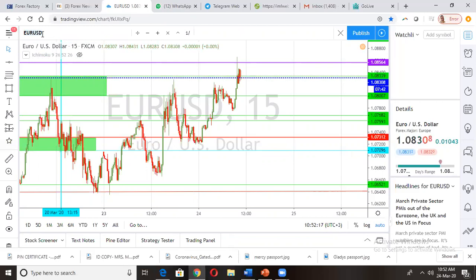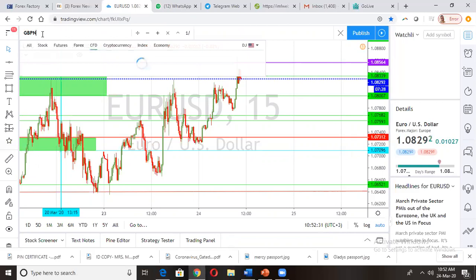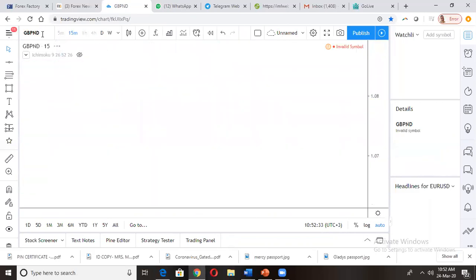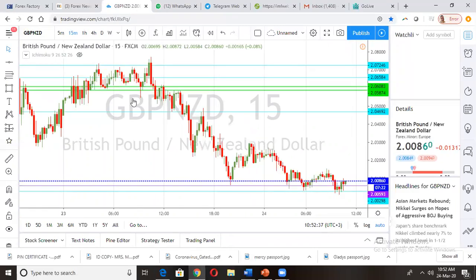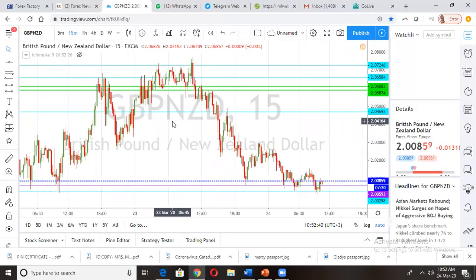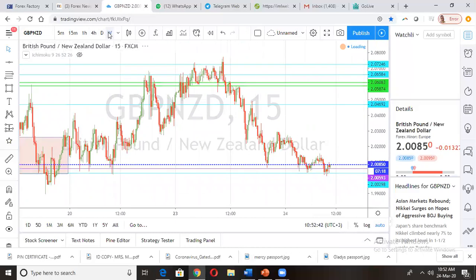So like now, Euro USD, yes, there's a pullback. I want the pullback to end because for me, I'm very bullish on EU. What other trade pair haven't I looked at? So let's say GBP NZD. Very interesting. I like what I see.